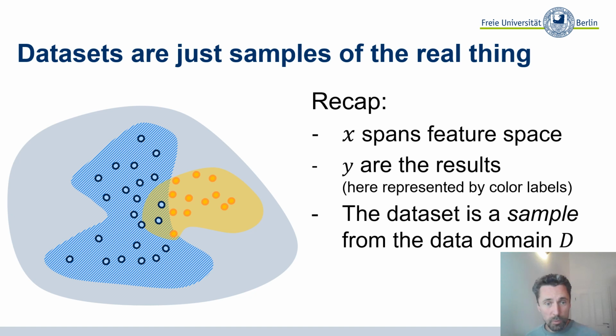And within this space, we have so-called data domains from which we sample. So let's think of a simple classification task of images. One of these origin data domains may be dogs, here in blue, and yellow could be cats.